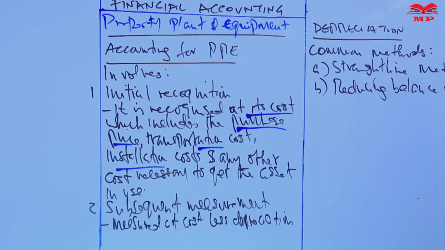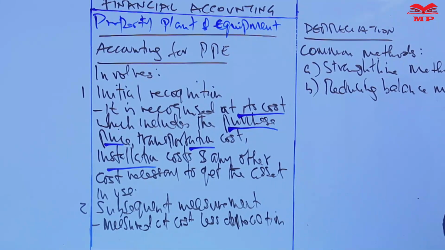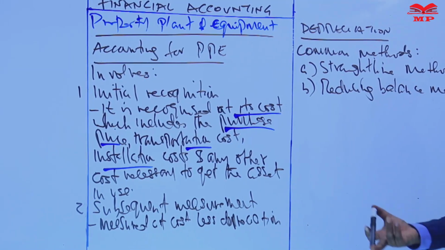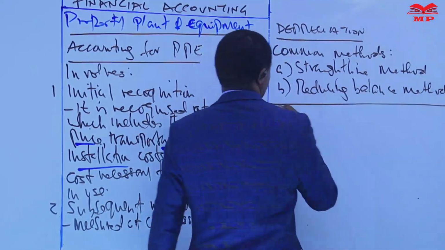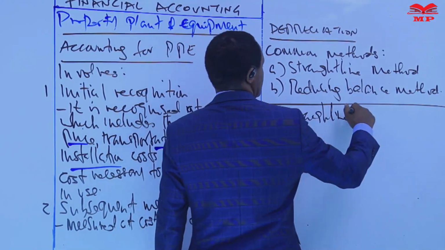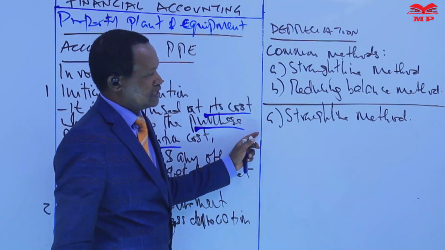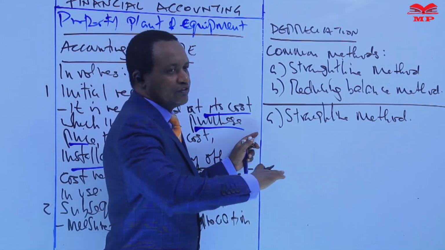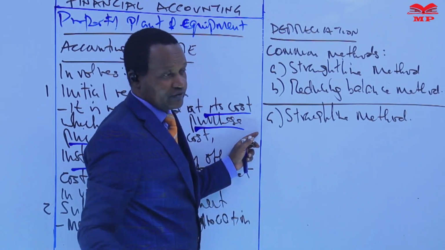Now, straight line method allocates the same amount of depreciation expense to each period throughout the asset's useful life. That is the straight line method. Under the straight line method, the depreciation is uniform year in, year out throughout the useful life of the asset.